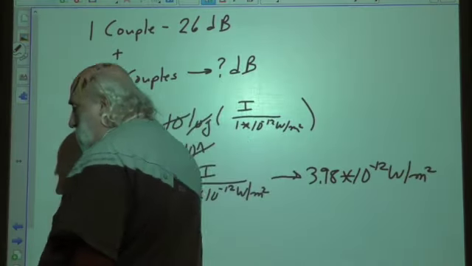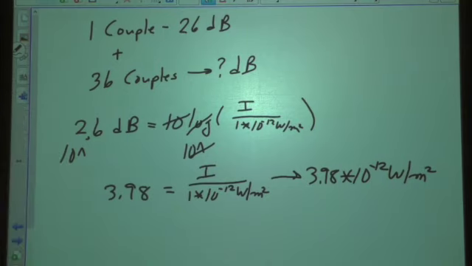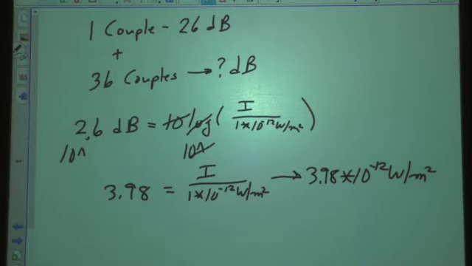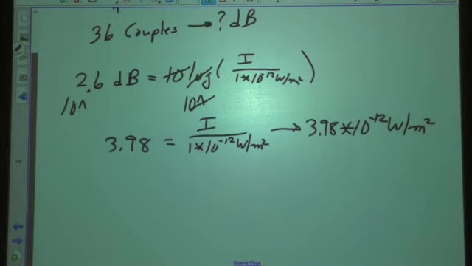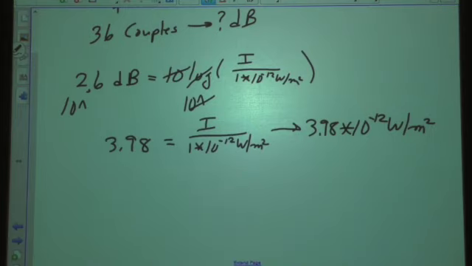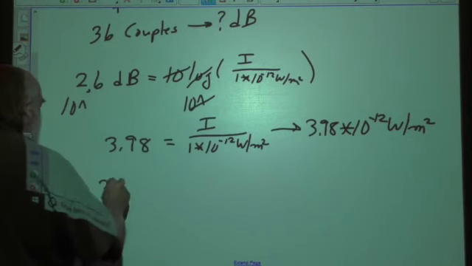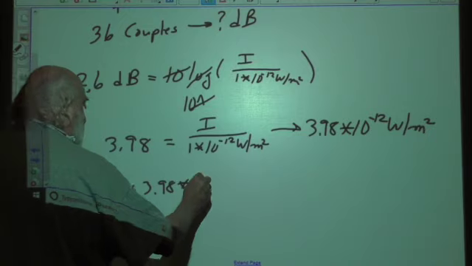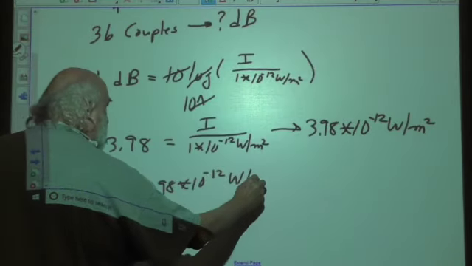Now that's for one couple. But how many couples are in the room? Well, you have the one couple, then 36 couples of friends or acquaintances get together, and they decide to all talk at the same time, which is generally how parties work. So we go ahead and multiply 37 times 3.98 times 10 to the negative 12 watts per square meter.